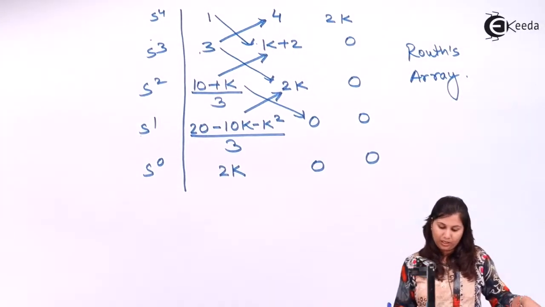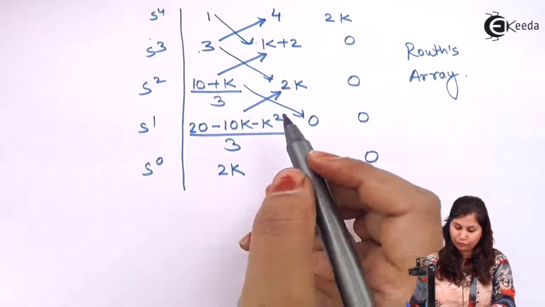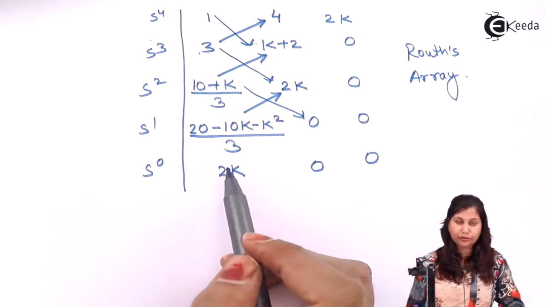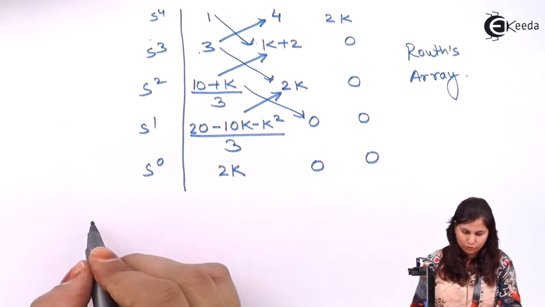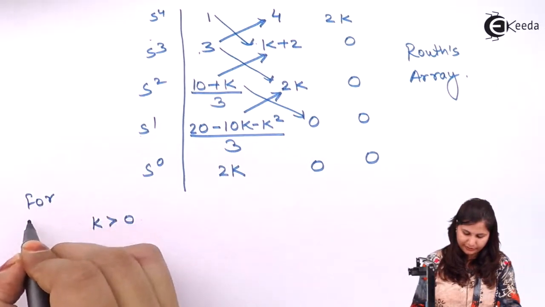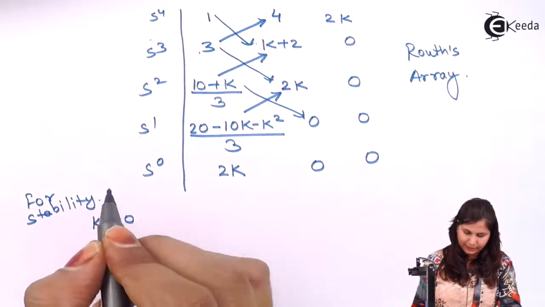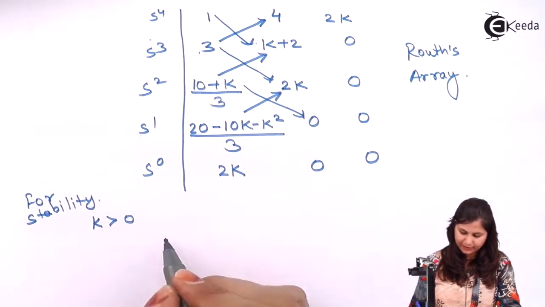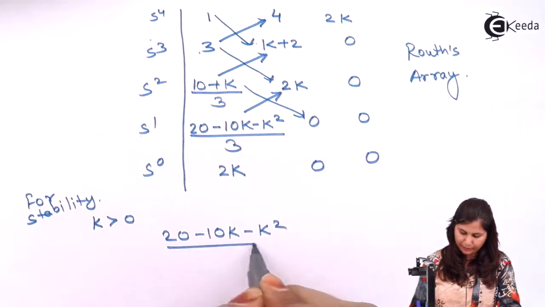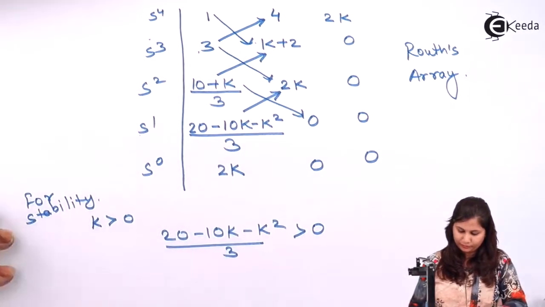Okay. Now for the stability, these coefficient values should be greater than 0. So k should be greater than 0 for stability, and this (20 minus 10k minus k square) by 3 should also be greater than 0.